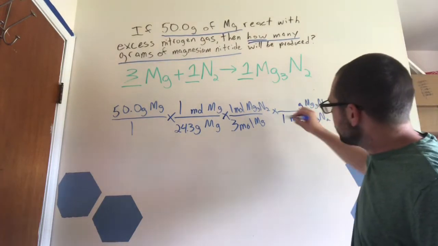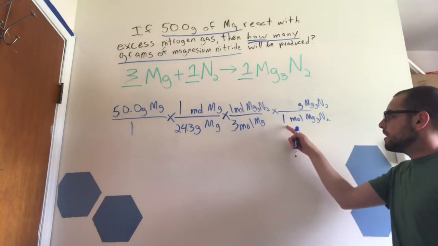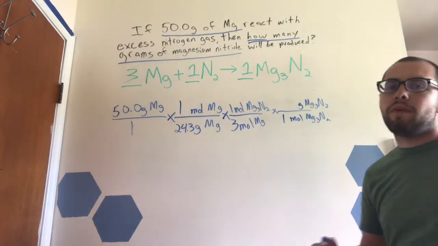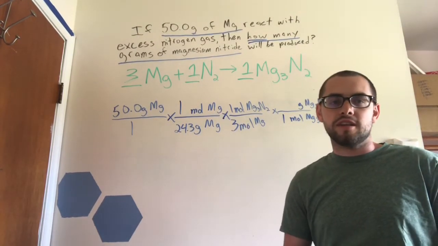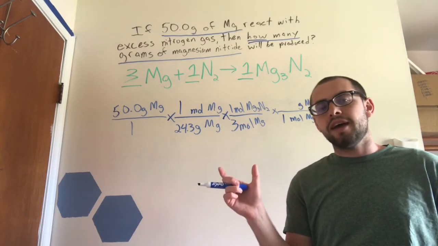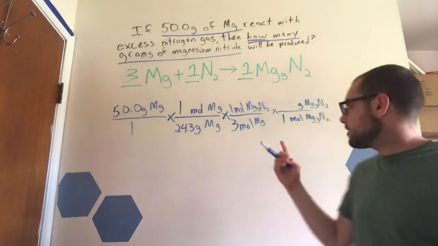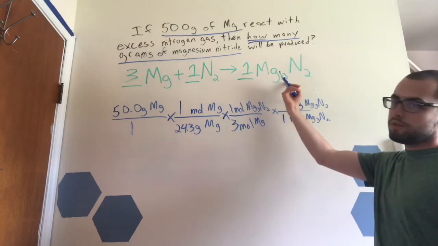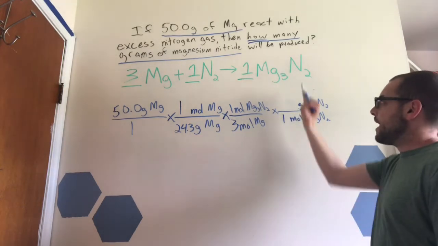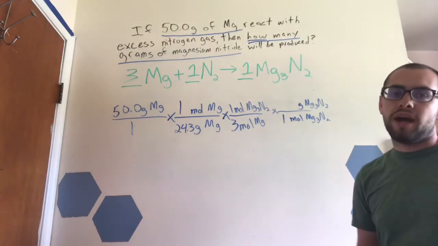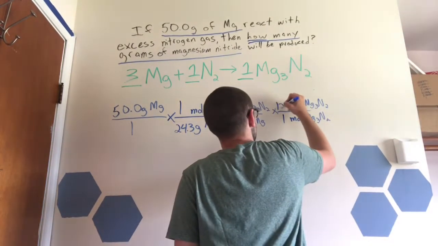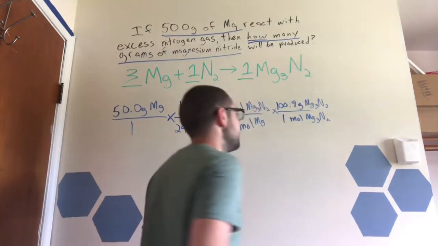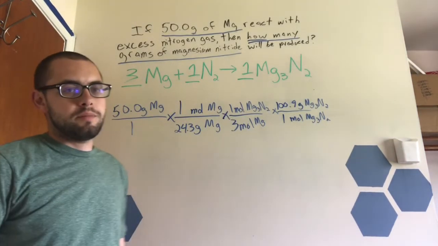I need to know how many grams are in 1 mole of magnesium nitride. And I'm going to use my periodic table again for this. Atomic mass of magnesium, multiply it by 3, the subscript. Atomic mass of nitrogen, multiply it by 2, and then add those together. It's going to be about 100.9 grams of magnesium nitride.